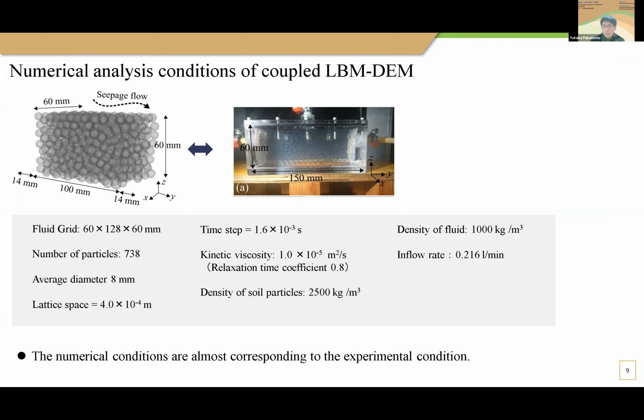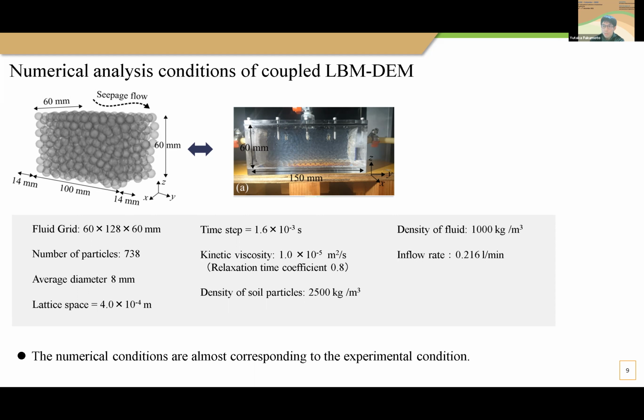In addition, a coupled LBM-DEM simulation is also conducted in this study. The details of the numerical conditions are listed below. In particular, the average particle size of the soil particles is about 8 millimeters. The analysis area has dimensions corresponding to the size of the experimental device.